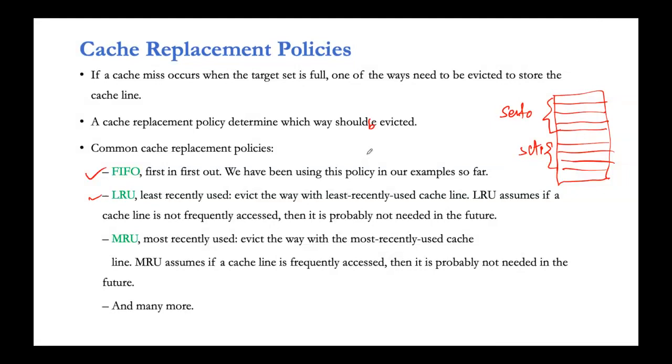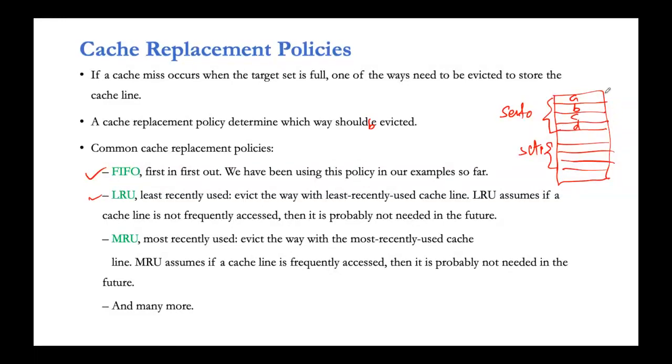The common cache replacement policies: first in first out means whichever way was filled first with a cache line. Suppose A is filled first, the first frame, then the second one, then the third one, then the fourth one.